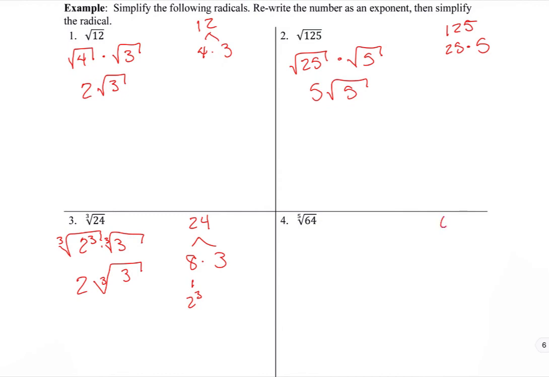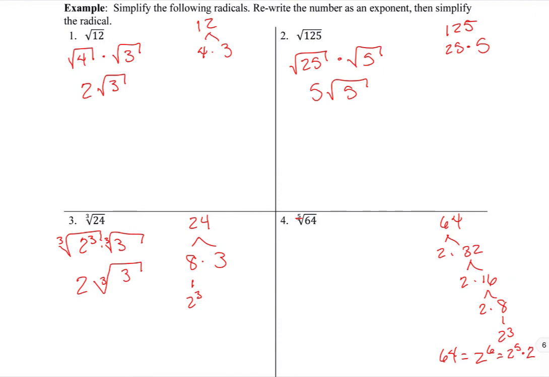Now, 64. 64 is 2 times 32, which is 2 times 16, which is 2 times 8, and 8 we know is 2 cubed. So 64 equals 2 to the 6th, or we want it as the 5th root, so this is 2 to the 5th times 2.